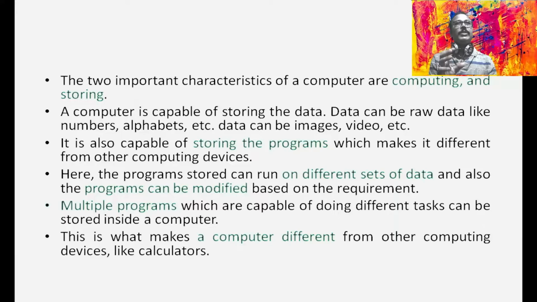Input can be given and the same program can be used to perform processing on those two numbers. The two numbers can vary, but the same program can be run, and depending on the numbers you give as input, you may get different output.